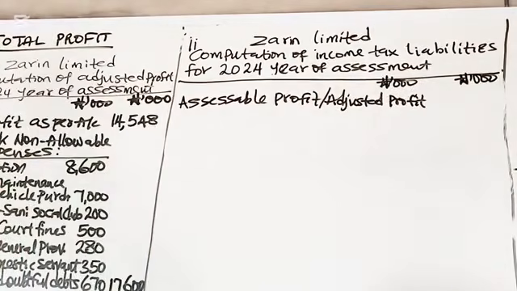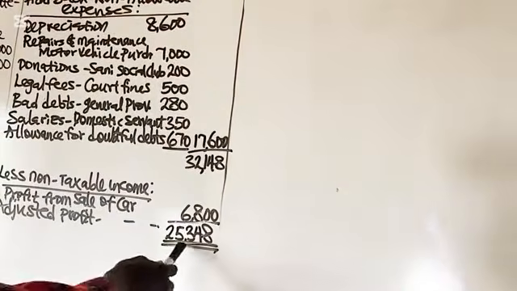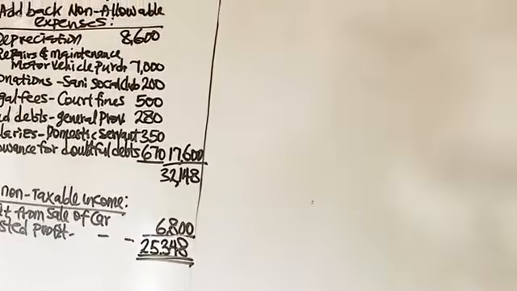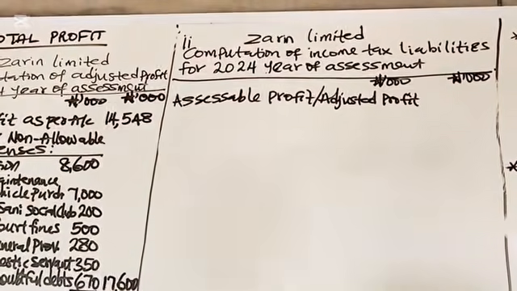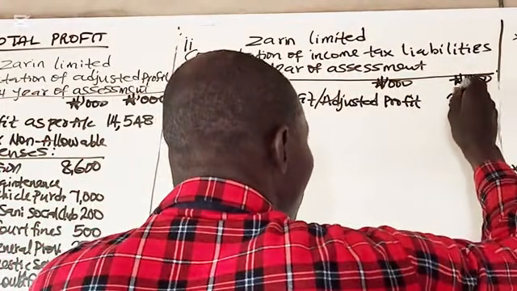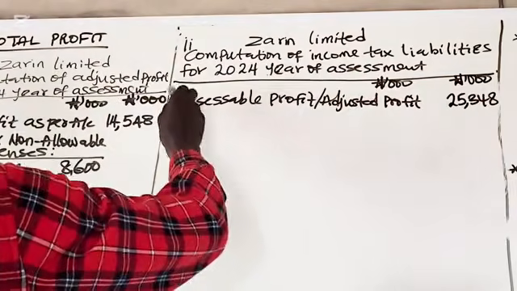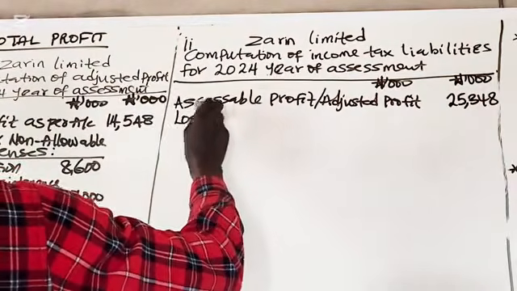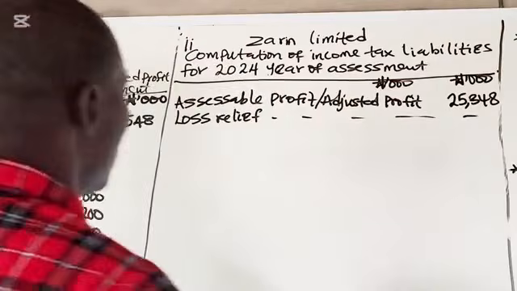The result obtained from working one from requirement A, we have an adjusted profit of 25,348,000. So we have 25,348. So loss relief. There is no loss relief in the question.